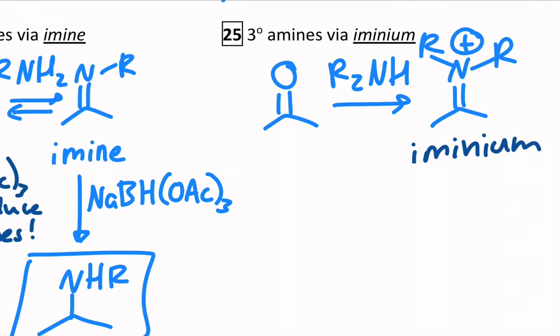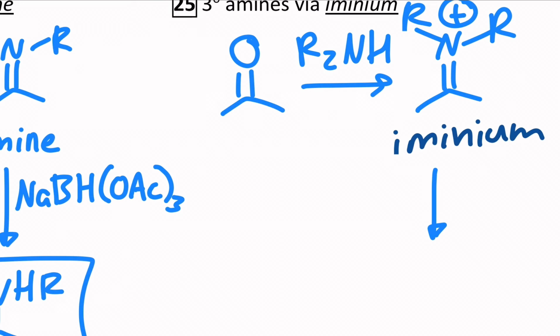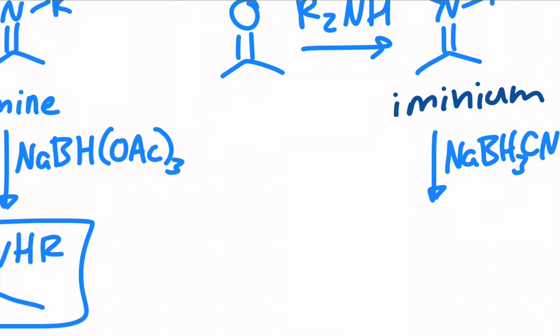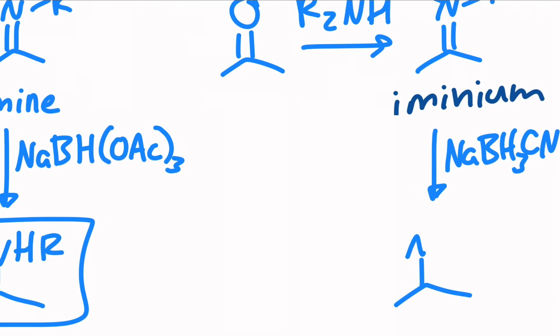And aminiums can get reduced just like amines. And we could actually use the same reagent. There's another one I'll show here, NaBH3CN, sodium cyanoborohydride. That will give you a tertiary amine.